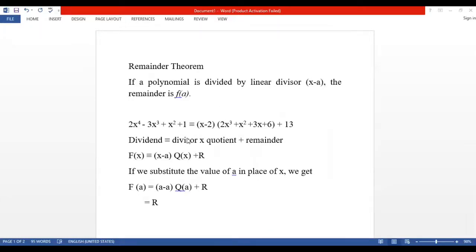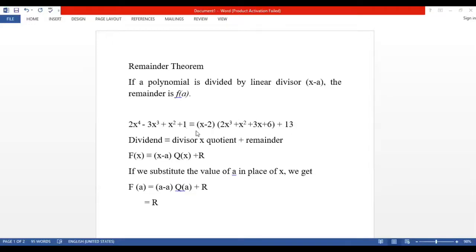Firstly, let's consider 2x to the power 4 minus 3x cube plus x square plus 1 as a polynomial. This is being equated, with this identity sign, to (x minus 2) times (2x cube plus x square plus 3x plus 6), plus 13.